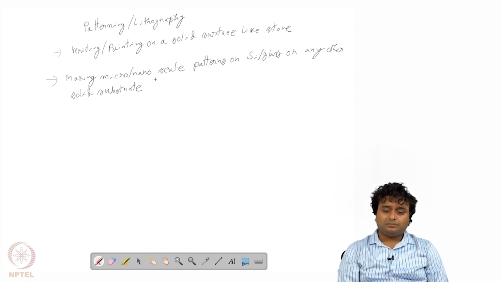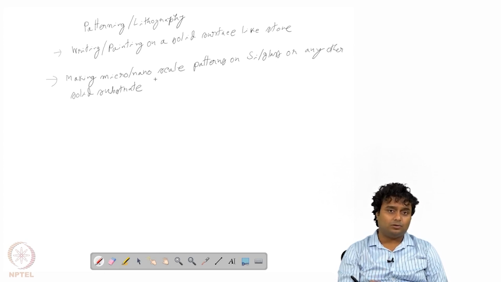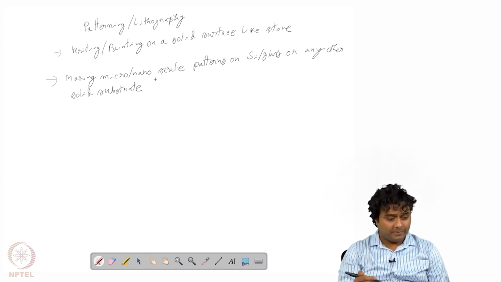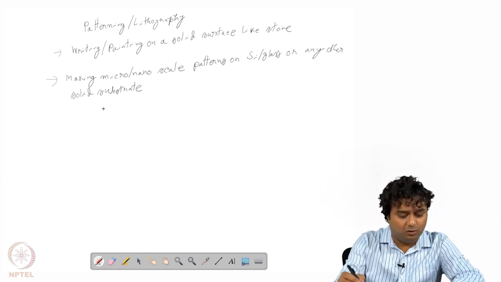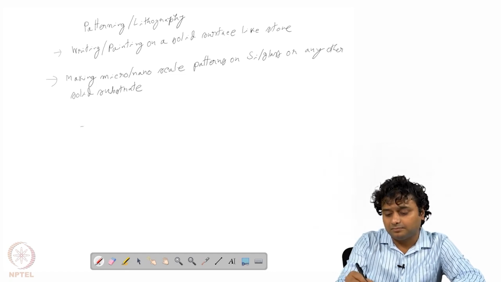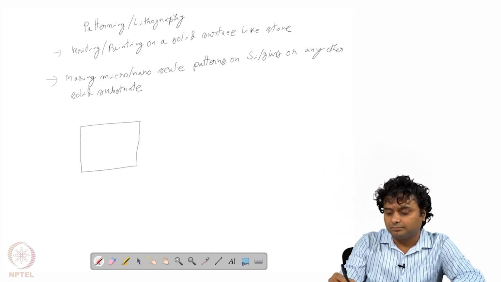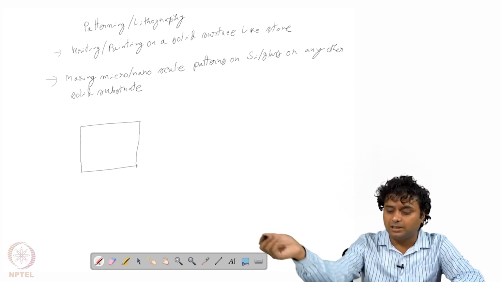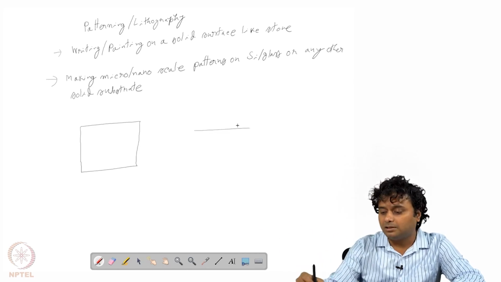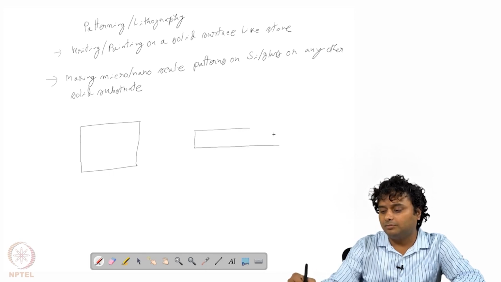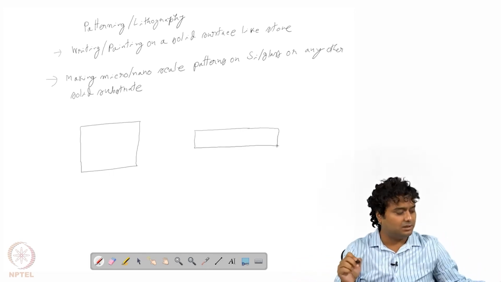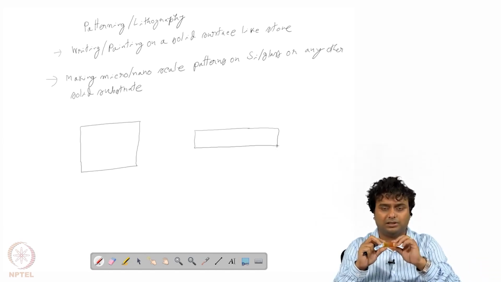Now, for microfabrication, what we mean by lithography is a completely different technique from what we use at macro scale. So let us say I have this wood piece. This is a wood piece, and you are seeing the top view here, and this is the cross-sectional view.